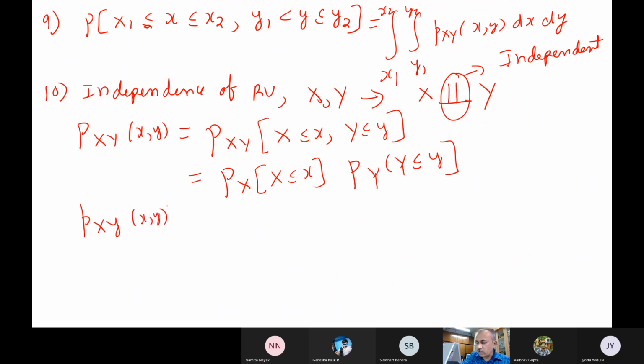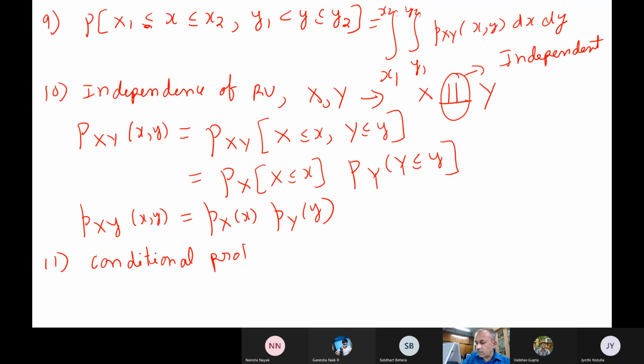The density function also I can write as a product of p_X(x) multiplied by p_Y(y). This is a very important property of independence. Okay, and now conditional probability also we can write.